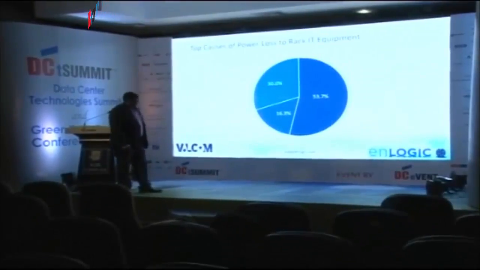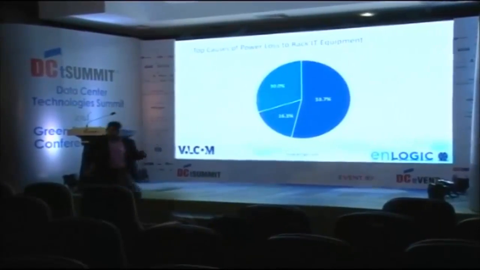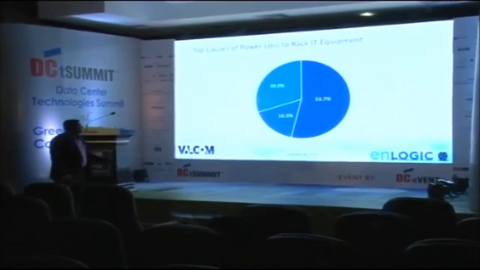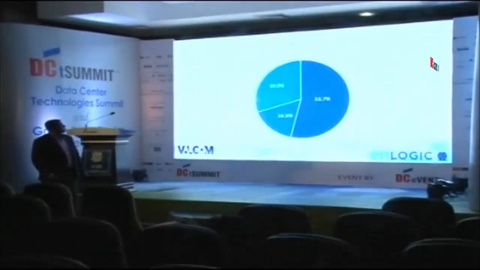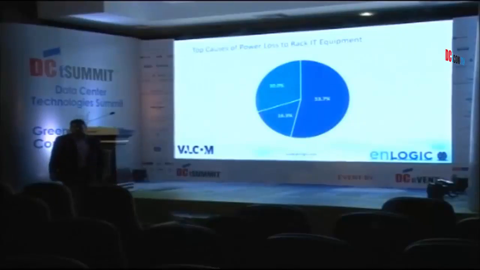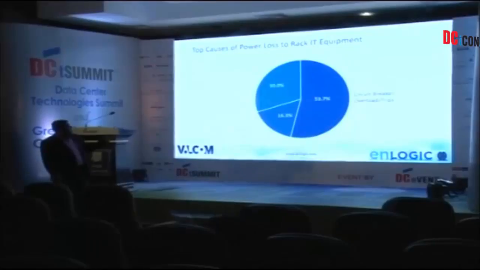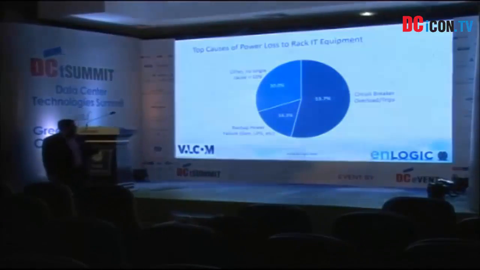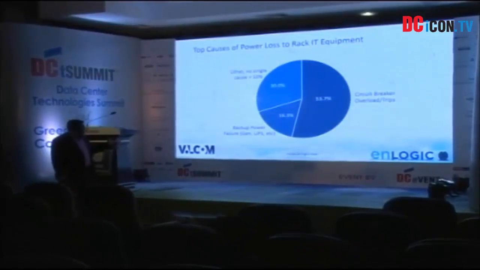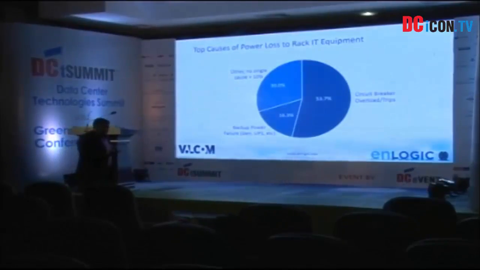Okay, so top causes. When we look at the data center, what is a key factor for a power loss? If you look at that, we see circuit breaker overload tripping is about 53.7%, and we see about 16.3% is failure due to UPS or DG sets or any of the other infrastructure equipment.